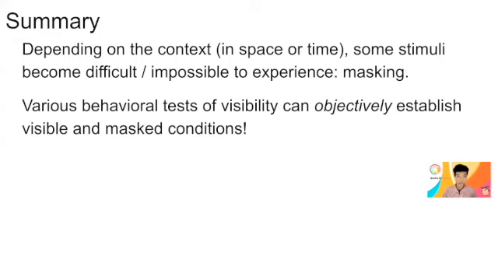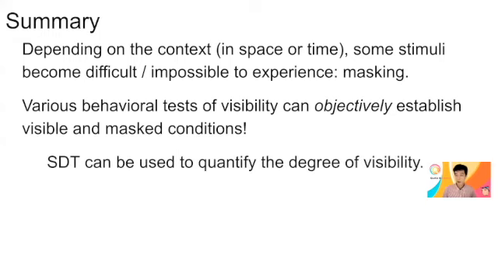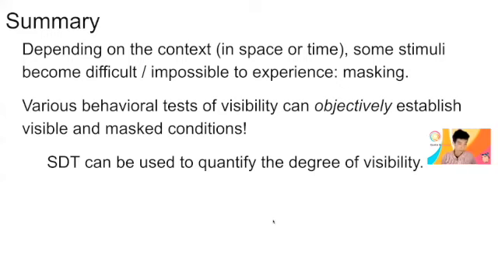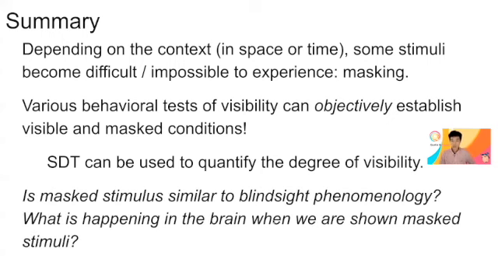It's a very nice, clean study, and using signal detection theory, we can quantify the degree of visibility as well. Then the question becomes: is a masked stimulus similar to blindsight phenomenology? What is happening in the brain when we are shown masked stimuli? That's the next question.